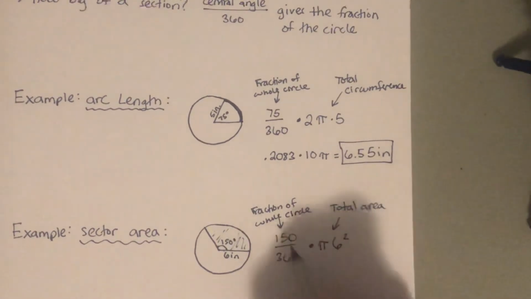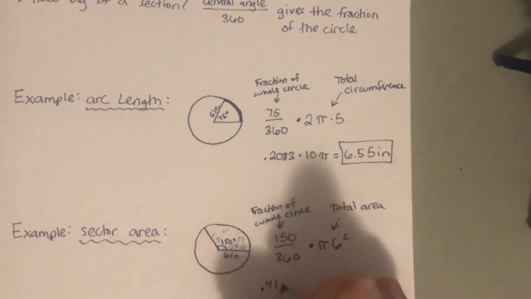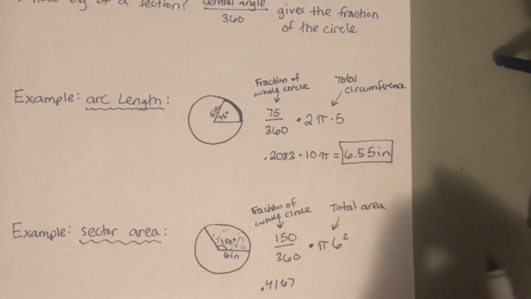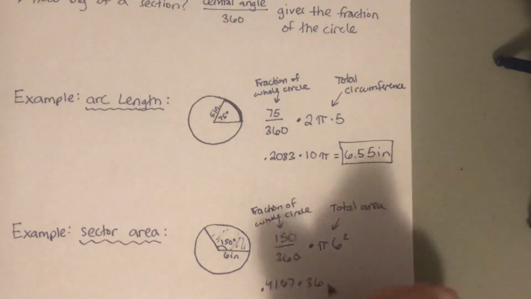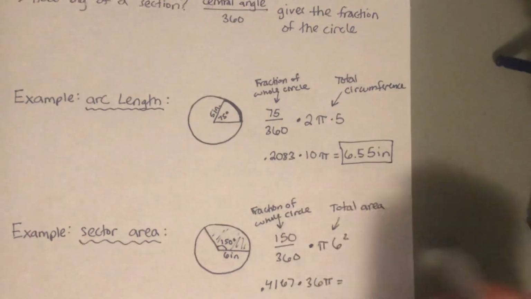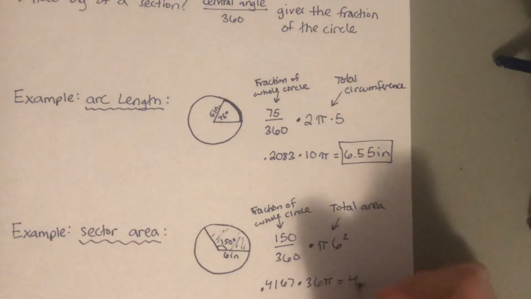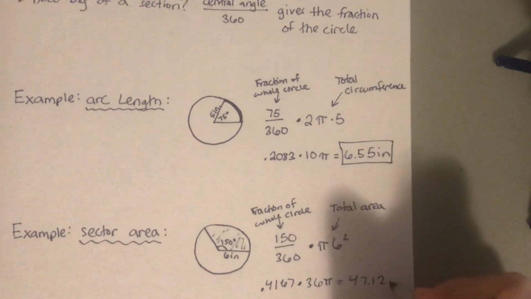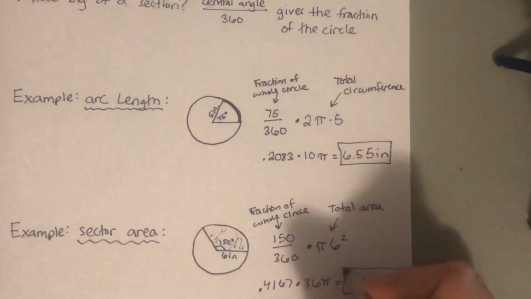When we do that, 150 divided by 360 is 0.4167, times 6 squared, which is 36 pi. If you multiply all that out, you could leave the pi, or you could multiply it all. You get 47.12 inches squared, because we're talking about area.